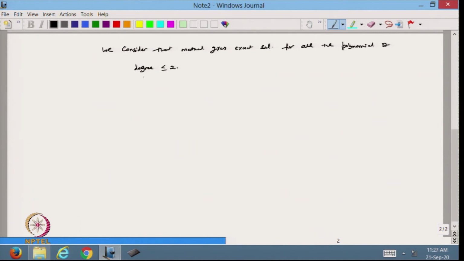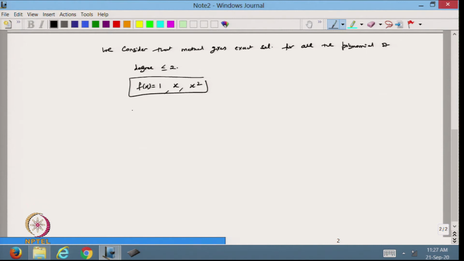So, I will consider f(x) as constant, that is 1, then x, then x square. So, I have the polynomial degrees 0, 1 and 2.